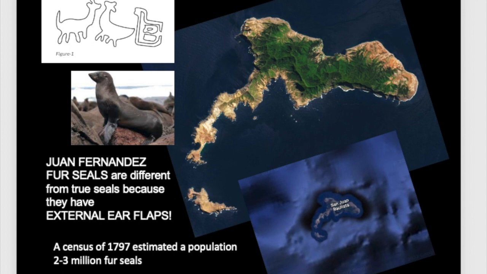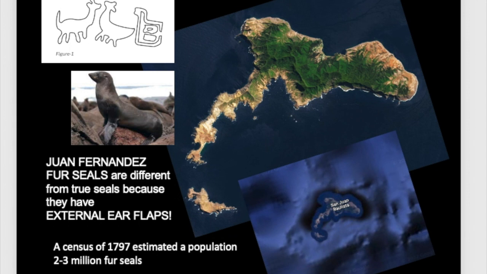Before European settlers, there was estimated to be 2 to 3 million fur seals, and my thought is that if you were going to be navigating the islands, you would not want to go to an island with fur seals, or at least not that many in a canoe or Polynesian boat. It just seems kind of like a scary proposition to me.